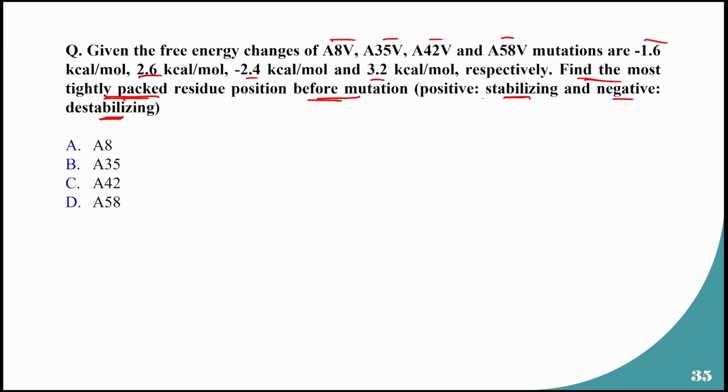Okay, so let's just take into consideration this notation only right now, and based on that, considering all these mutations, which particular alanine was in a position of tighter packing before mutation, before changing to valine? Just remember that positive is stabilizing mutation here and negative is destabilizing mutation.